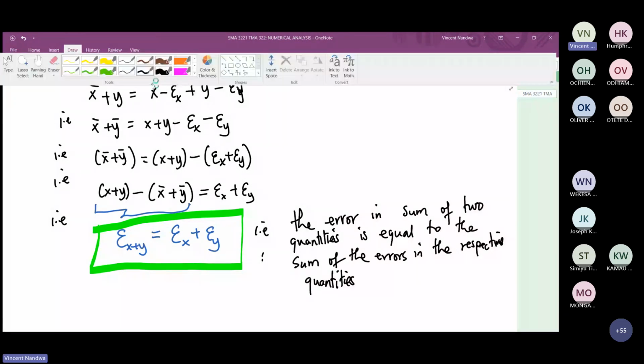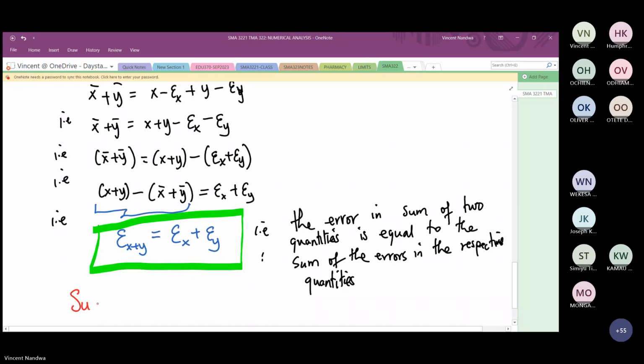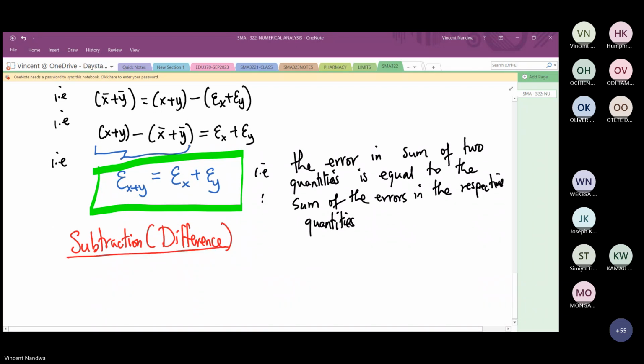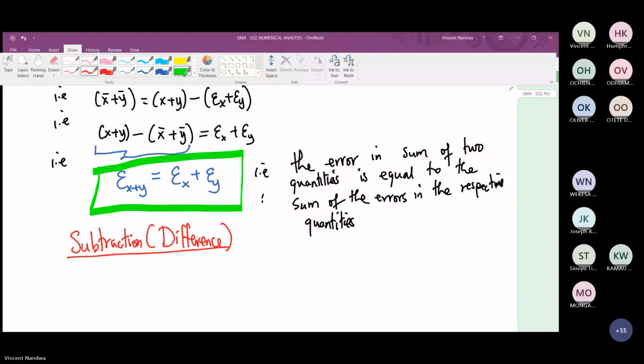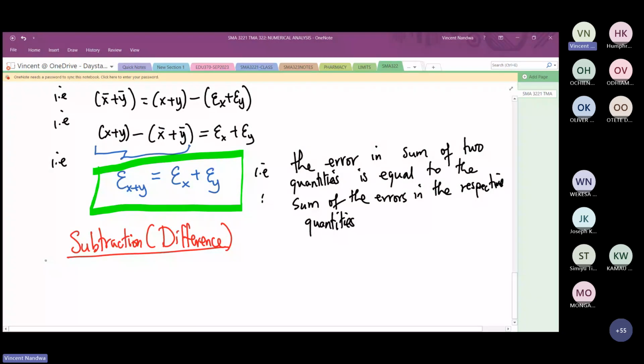So let's go to the second operation we call subtraction or difference. So at this point, I'm permitted to say, we know that x minus bar x is error in x, which means that bar x is the same as x minus error in x.